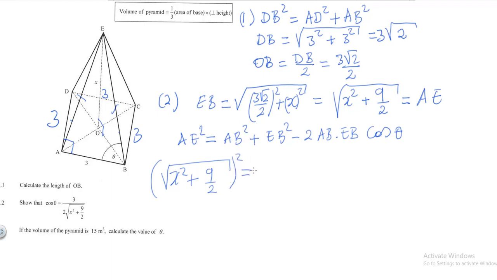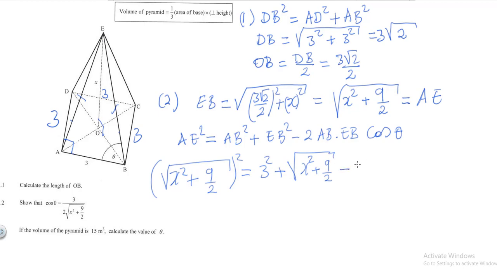AB. What is AB? It's going to be 3 squared. What is EB? EB is the same, square root of x squared plus 9 over 2.